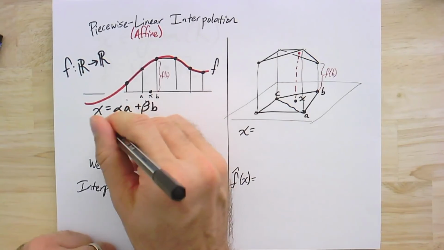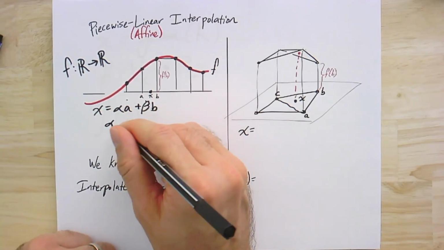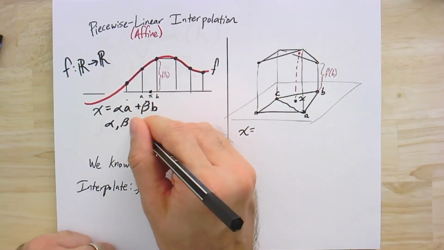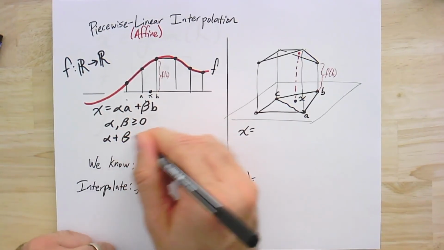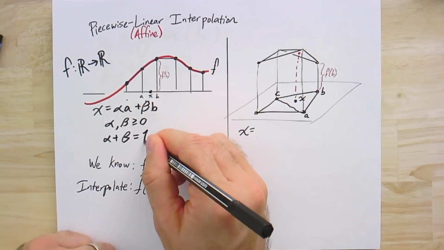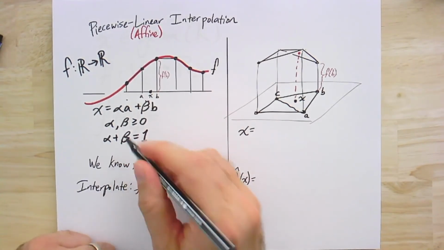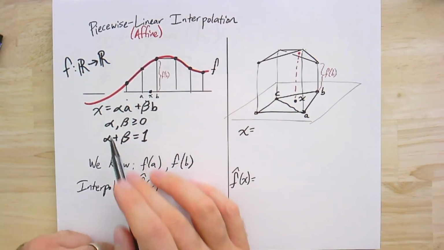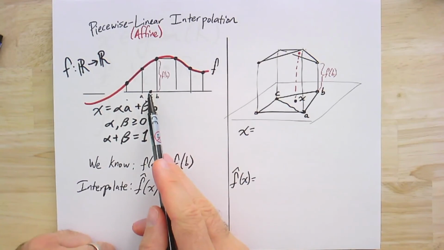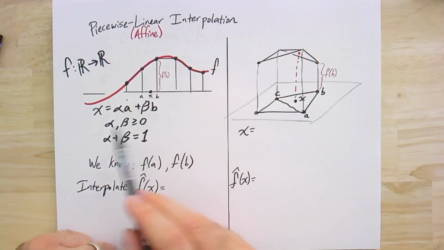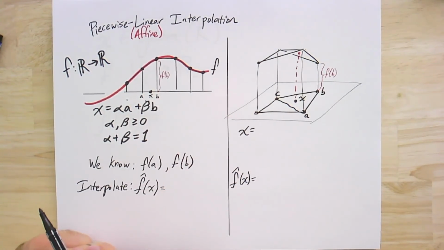I've done it in a careful way so that alpha and beta are greater than or equal to 0, and alpha plus beta is equal to 1. It's a convex combination of a and b, and these are the coefficients of that convex combination. If you want a concrete example, imagine I happen to be right midway between a and b, then alpha and beta would each be 1/2.